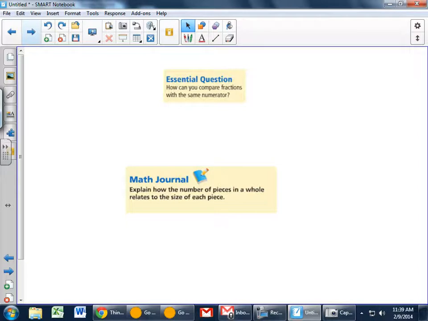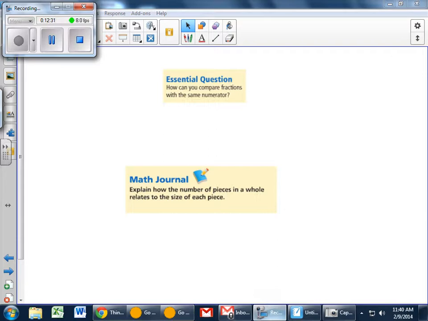For your journal today, your essential question was how can you compare fractions with the same numerator? Knowing that your numerator is your top number, what did we do in order to compare those? And then your math journal, explain how the number of pieces in a whole relates to the size of each piece.